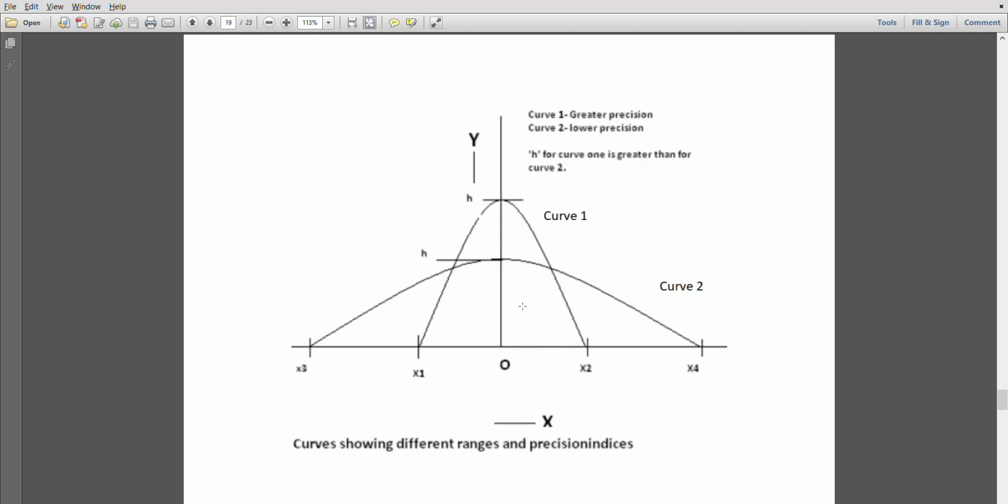If the dispersion is small, you can say it has greater precision, because the values are repeatedly coming again and again, whereas here it is dispersed over a wide range from x3 to x4. So all these things are interlinked, and as engineers we should connect all these things to understand the fundamental properties of instruments and transducers.